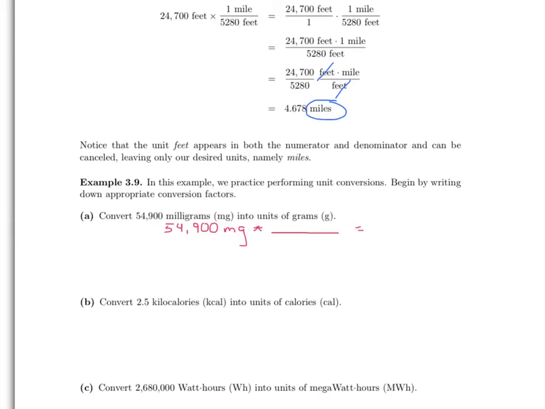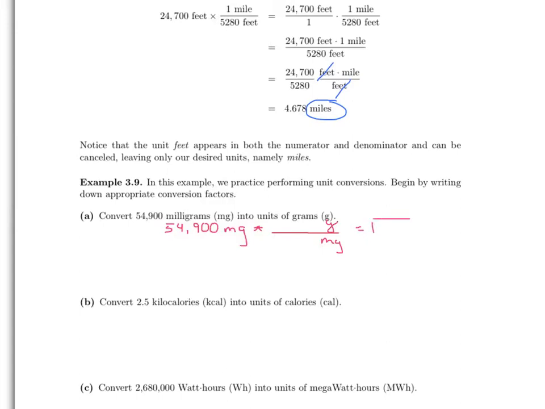The conversion factor ultimately has to relate the units that were given, the milligrams, to the units we want, which are grams. So we need to multiply by a conversion factor that will have milligrams in the denominator and grams in the numerator.